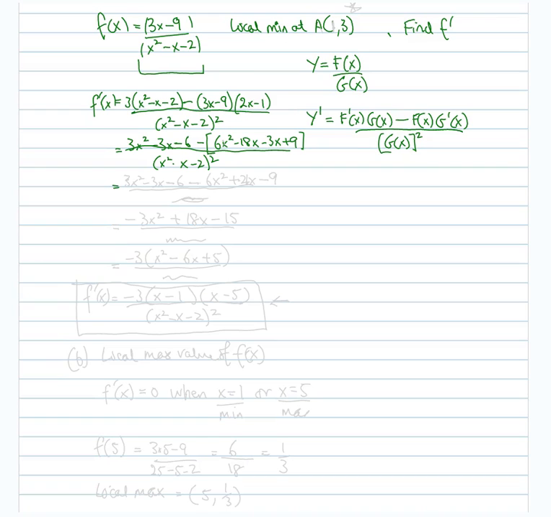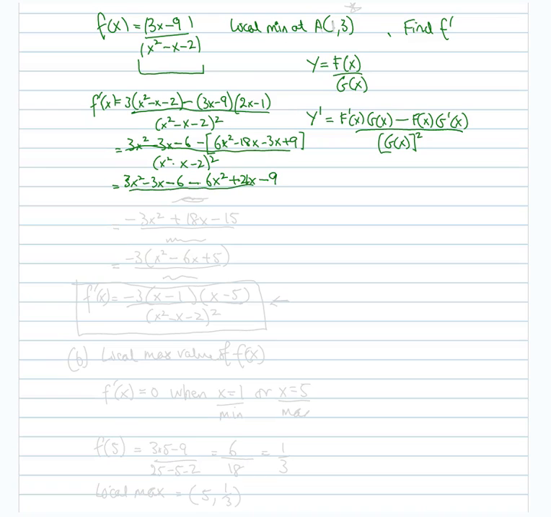Okay, so what have we got? 3x² − 3x − 6. Let's leave that there. So minus 6x². This gives you minus 21. So it's a minus there, so that means it's plus 21x. And we've got a minus 9 here.